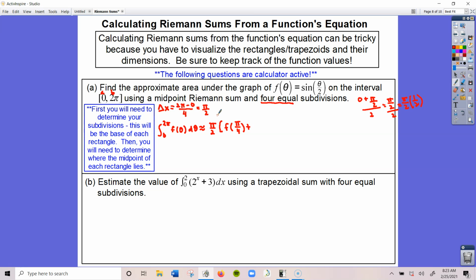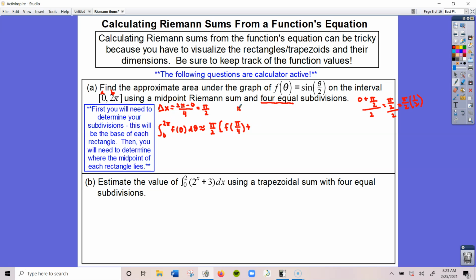We know that the x's change by every pi over 2. So that means that the midpoints will also go by pi over 2, since all of the rectangles are the same subdivisions. So we're going to add pi over 2 to pi over 4 to get the next function value, which means we would add 2 pi over 4. So that way we can add until we get to the end of our interval here.